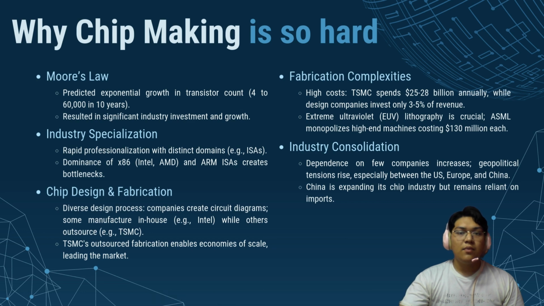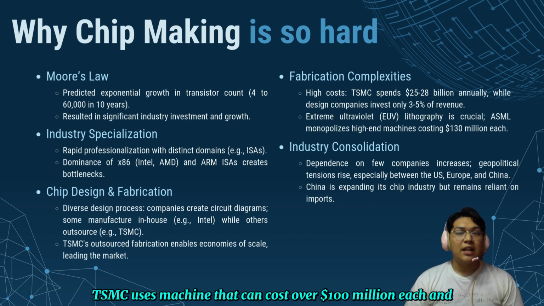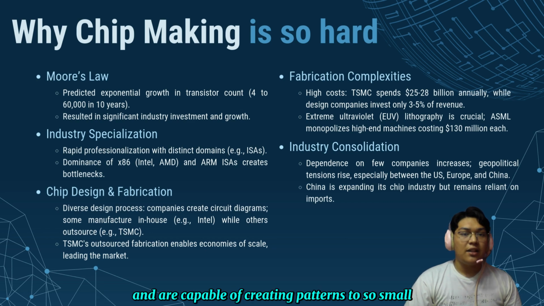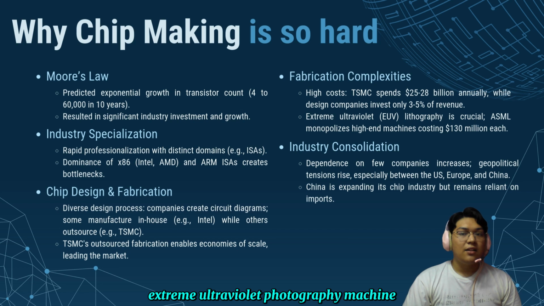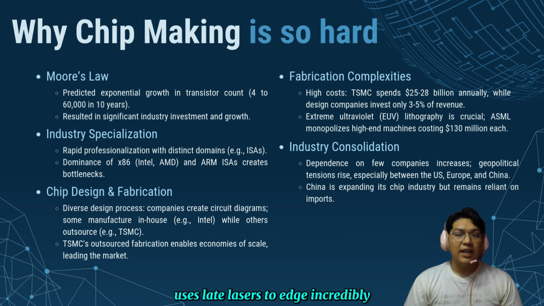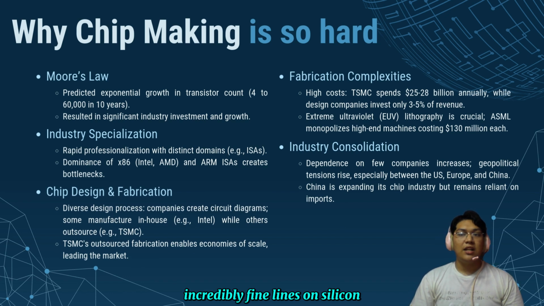TSMC uses machines that can cost over $100 million each and are capable of creating patterns so small that a speck of dust could ruin an entire chip. One machine they use, called an EUV ultraviolet lithography machine, uses lasers to etch incredibly fine lines on silicon.